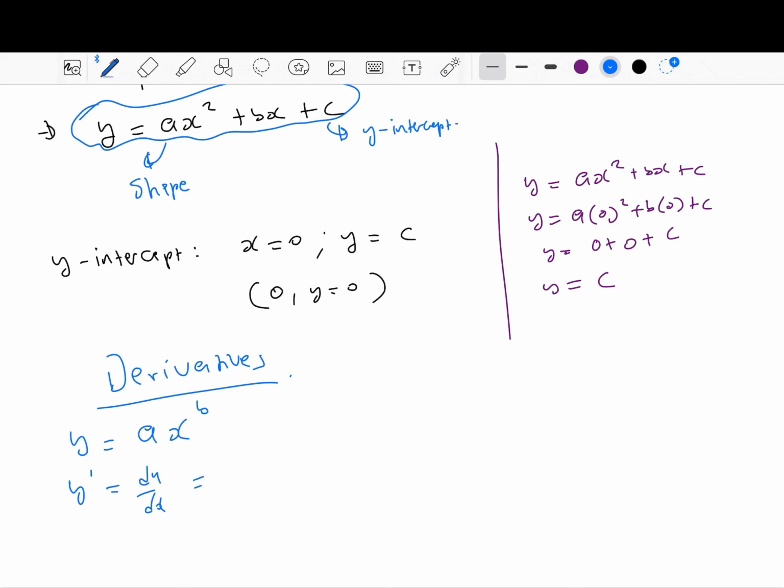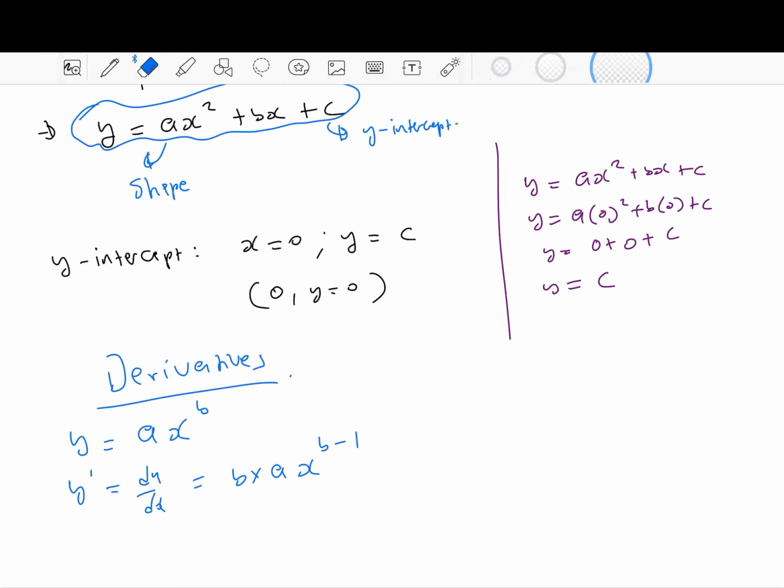The derivative will be b times a x to the power b minus 1. That is how you find the derivative of y.